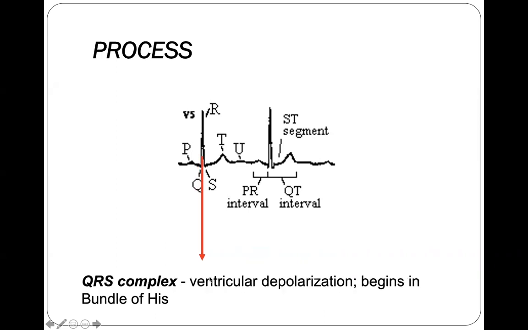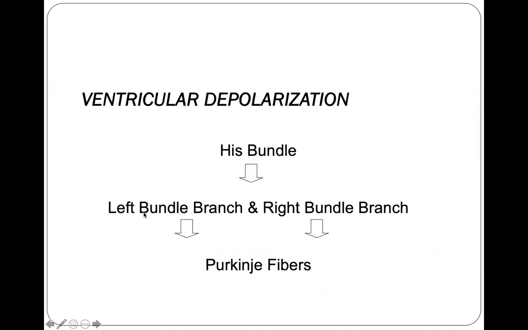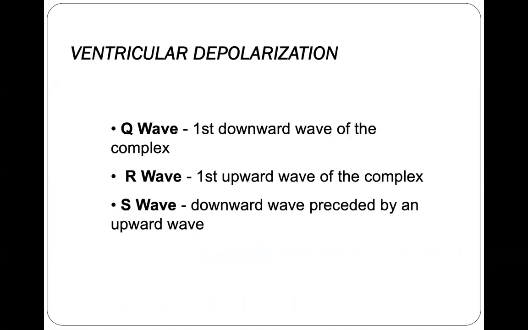Then the ventricles depolarize and contract, giving me the complex, which is the Q, then R, then S, in which the Q is the first downward wave of the complex, R is the first upward wave of the complex, and S is the downward wave following the upward wave.